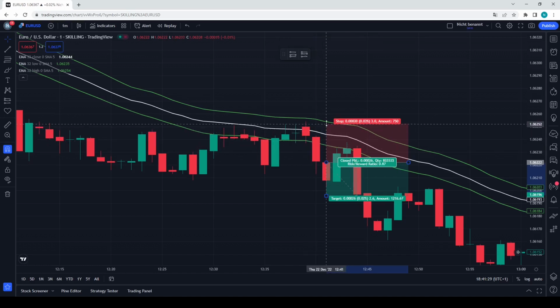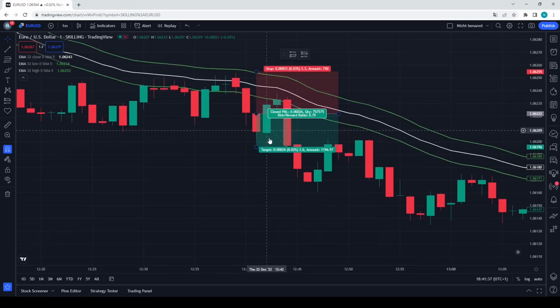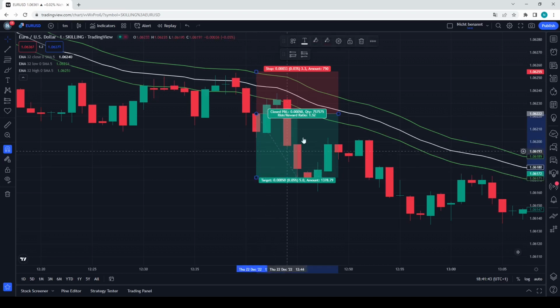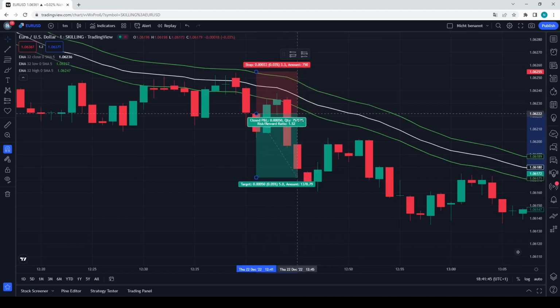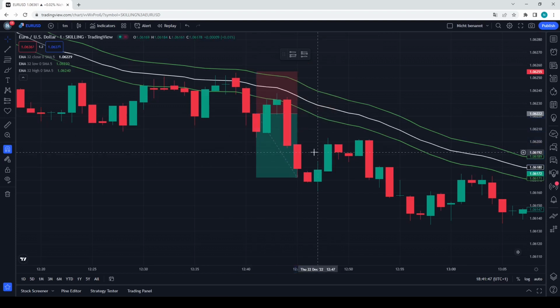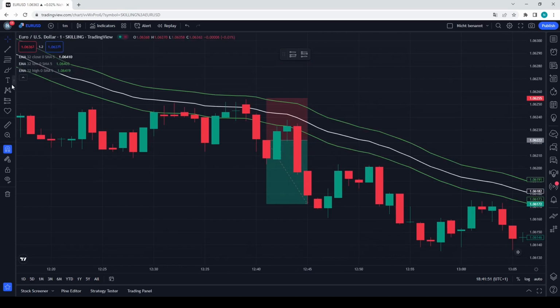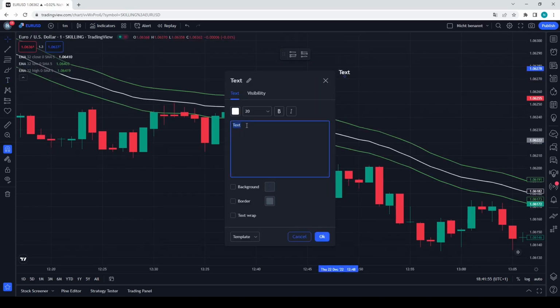The stop loss will be right above the recent high, and the risk reward ratio will be 1 to 1.5. So we set that up over here, and this is the moment where we will get our take profit. So let's go and write this one down.